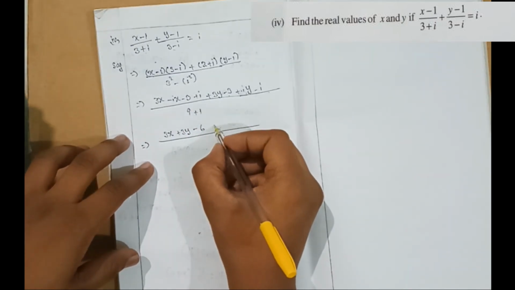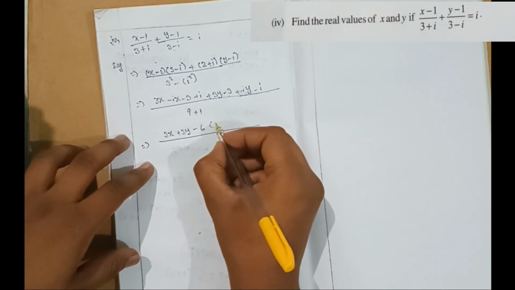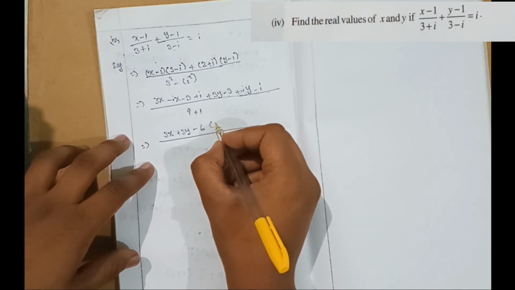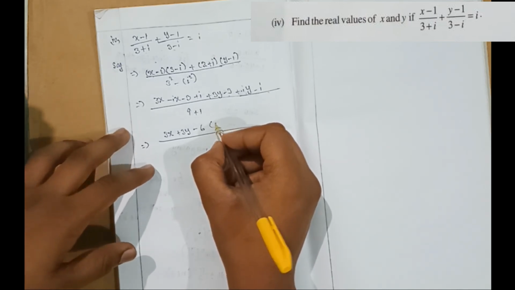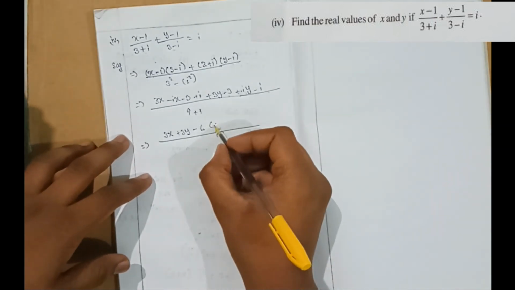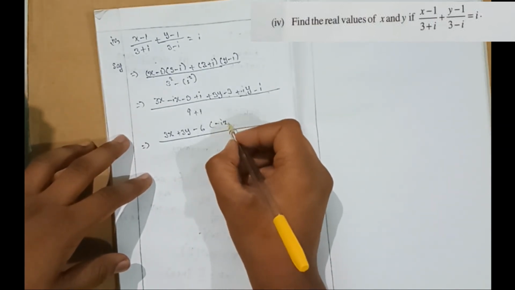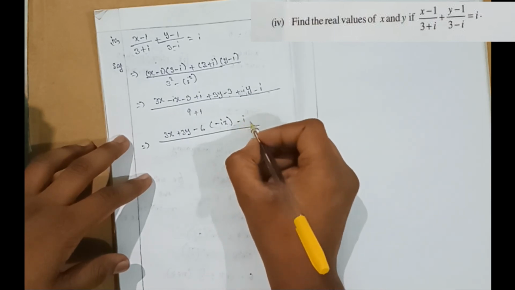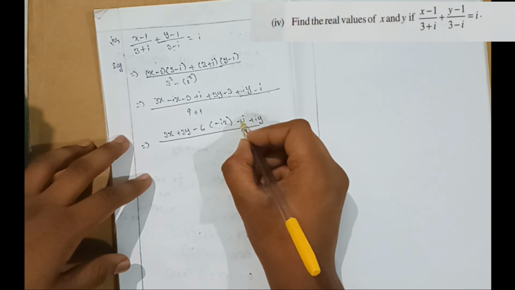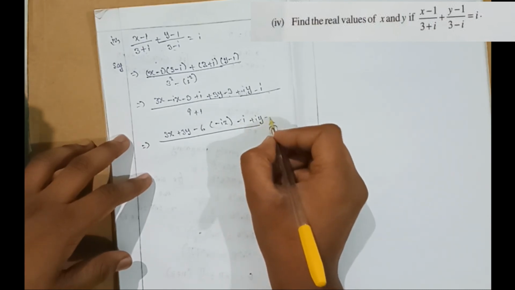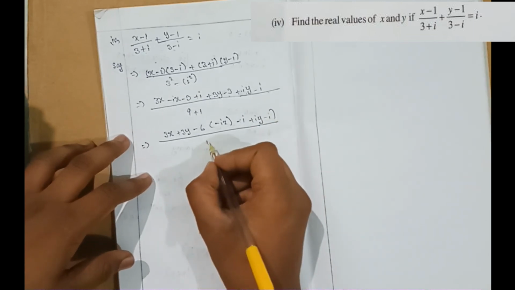So minus ix minus I plus iy, it will become minus I by 10.